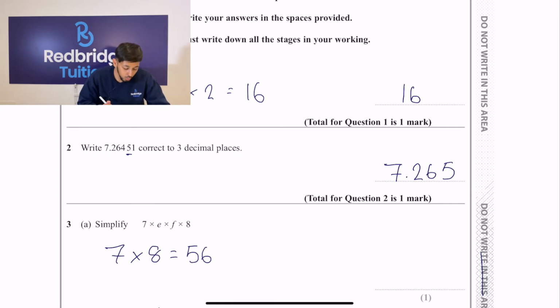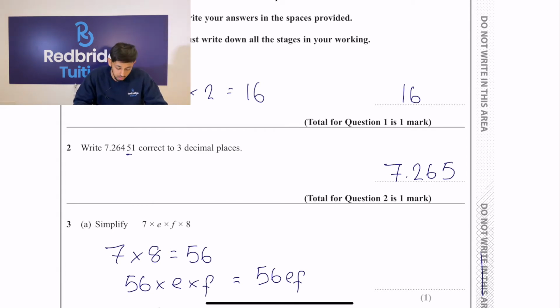Now, we will have 56 times e times f. To write this in the simplest form, all we need to do is put these variables next to each other. And our final answer would be 56EF.